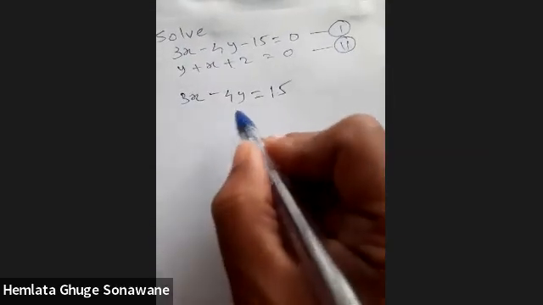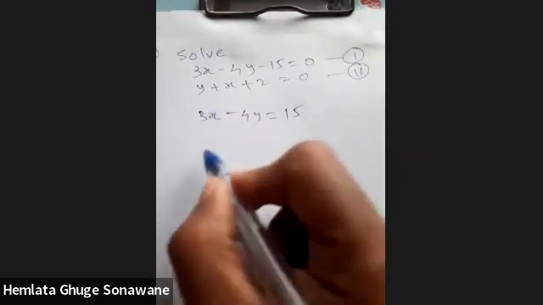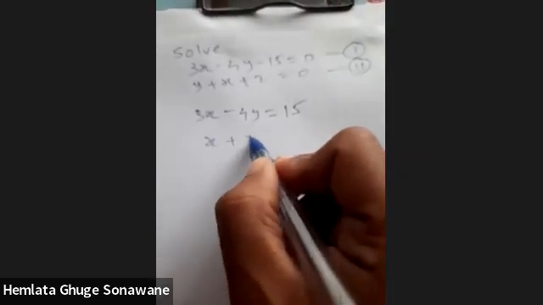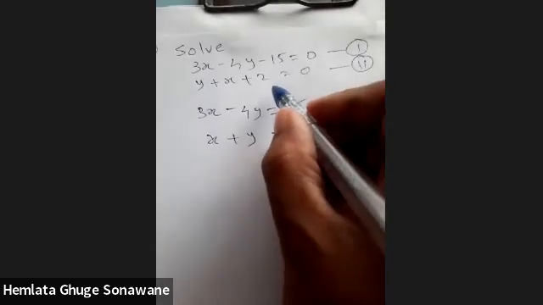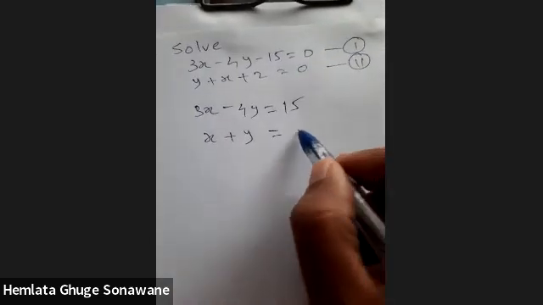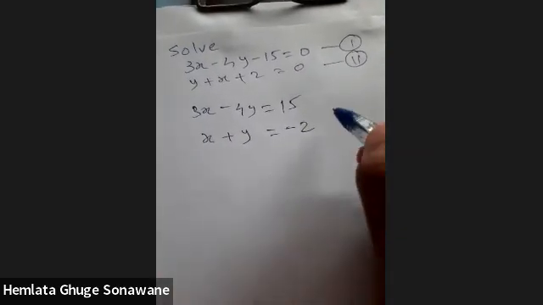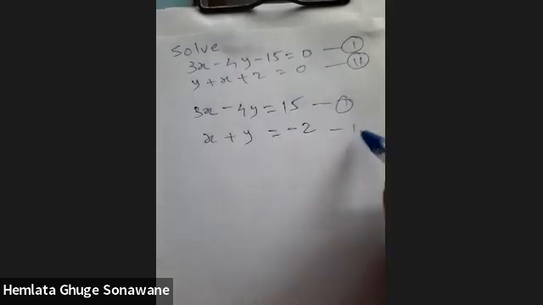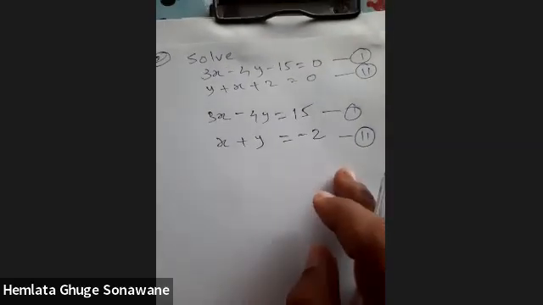So 3x minus 4y is equal to 15. And here x plus y is equal to, this plus 2 becomes minus 2 towards the right hand side. Okay. This is our equation number 1 and equation number 2. We have written them in the standard form.